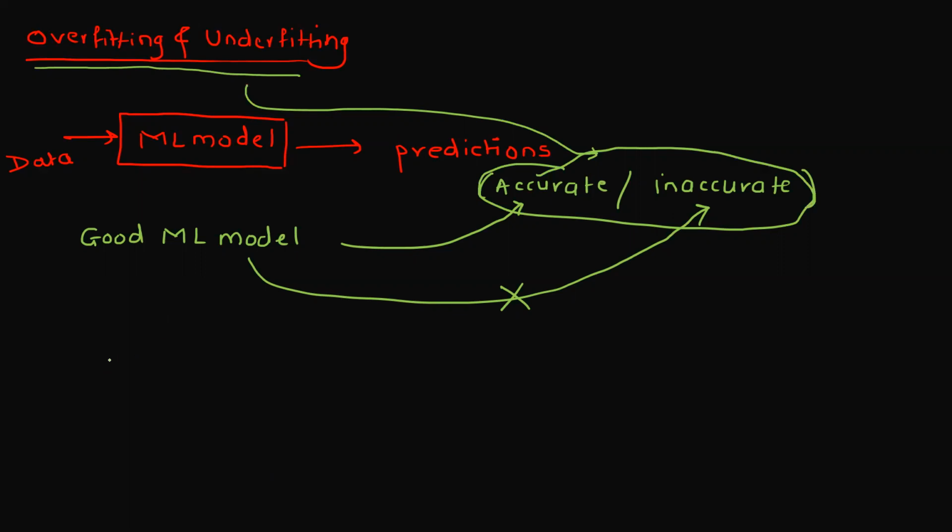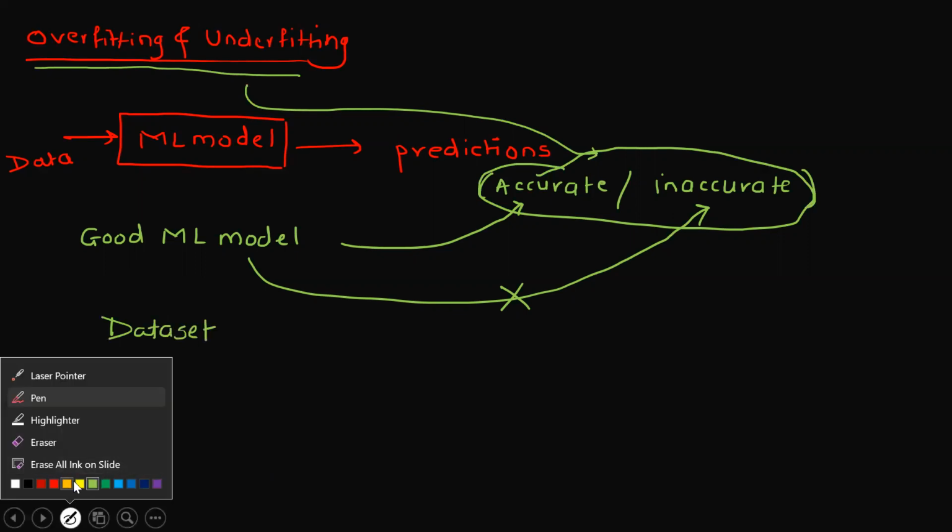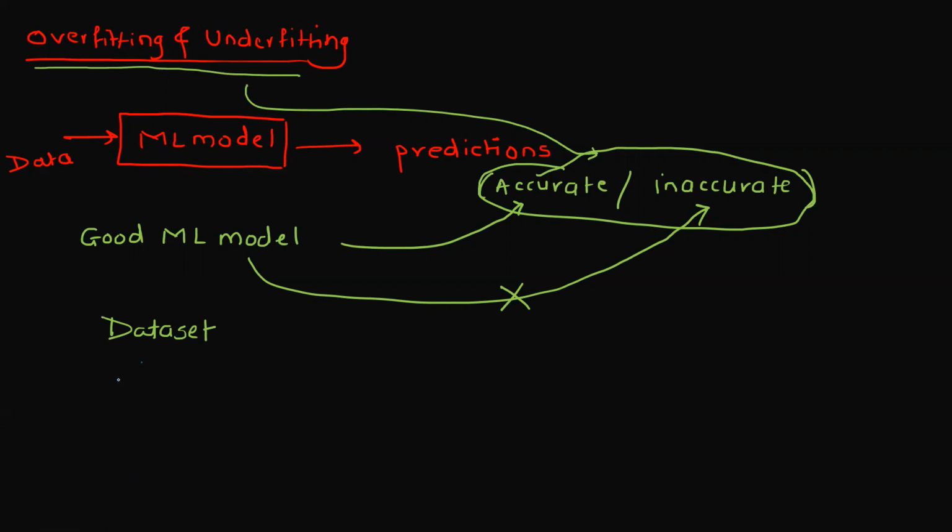Normally when we train any model, we have some data set with us. In our earlier discussions, we said that we divide the data set into two subparts. The first is called the training data set and the other is called the testing data set. When we train any ML model, we provide the training data set for training the model, and that gives us some results.